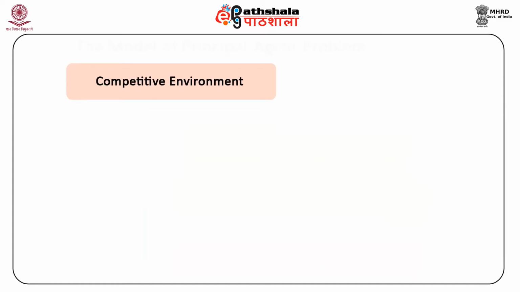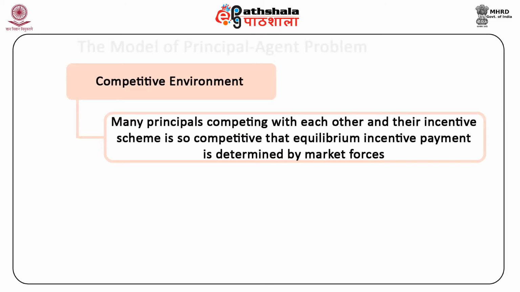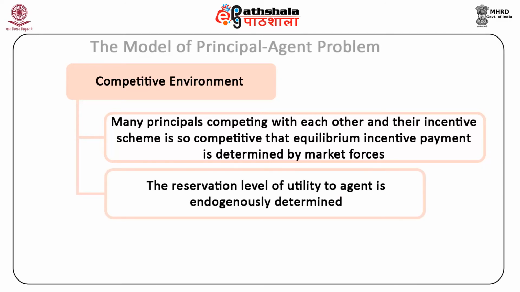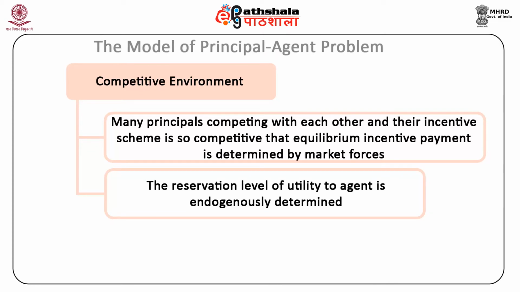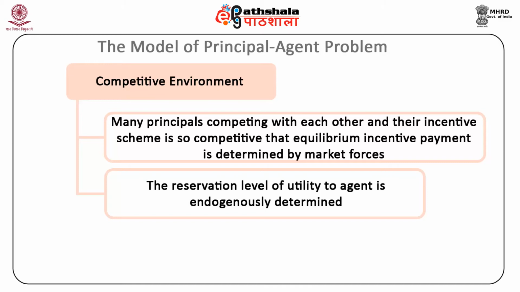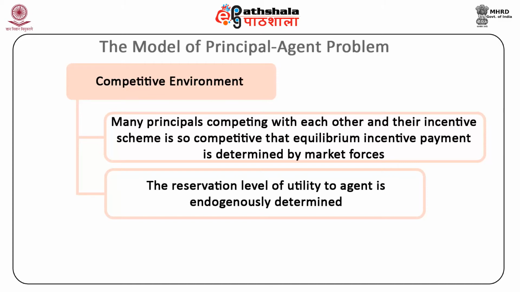In the competitive environment, there are many principals competing with each other and their incentive schemes are so competitive that the equilibrium incentive payment is determined by the market forces. In the monopoly environment, the reservation level of utility to the agent is exogenously determined because it depends upon some unrelated activity.